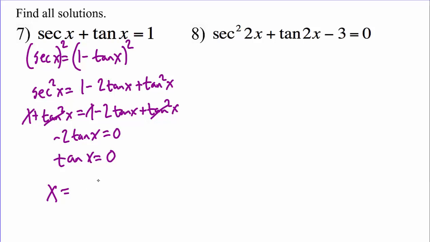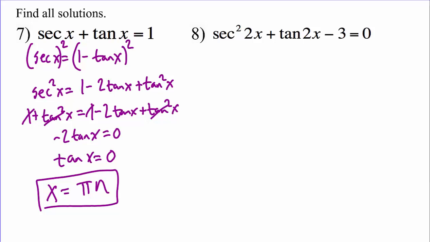I guess you could argue 2 pi is there too, but I'm just going to write it as pi n. Okay, 0 radians, pi radians, 2 pi radians, and so on. And that's all solutions. Every time this is true, then x has to be a multiple of pi. All right, we found the problem we were looking for, the last one.